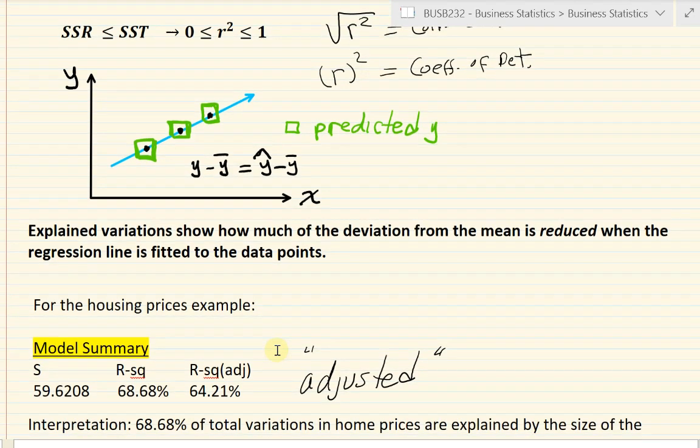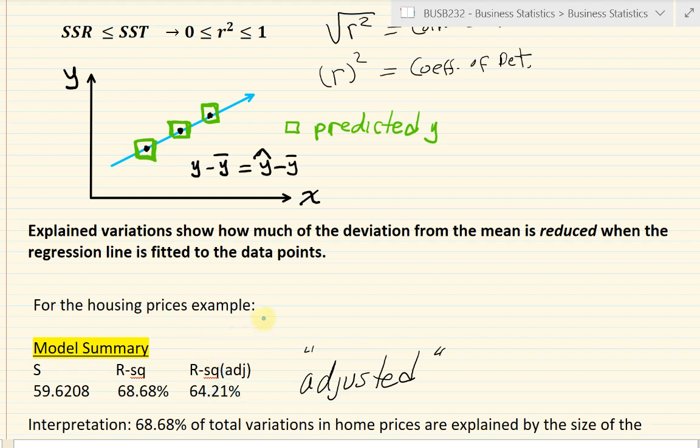So for our housing example we saw, this is a portion of the regression output. Right in here, you see that, RSQ, it gives us R squared. Now it also gives us adjusted R squared. That's what ADJ is, adjusted. In the case of simple linear regression, don't worry about this number at all.